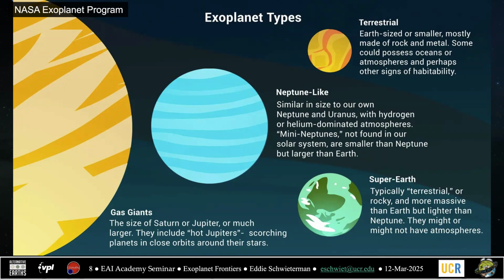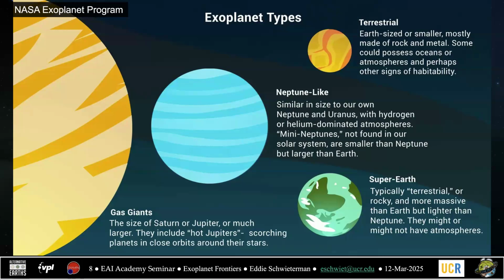We also see Neptune-like planets, so planets that are similar in size to Neptune and Uranus. We see many terrestrial planets. These are Earth-sized or smaller. They're made of rocks like silicates, like our Earth. Some could possess oceans and atmospheres that show signs of habitability and life. We also have super-Earths that are more massive than Earth, lighter than Neptune, and are primarily rocky in composition. Some of these may or may not have atmospheres, depending on how close they orbit their stars and their atmospheric evolution.